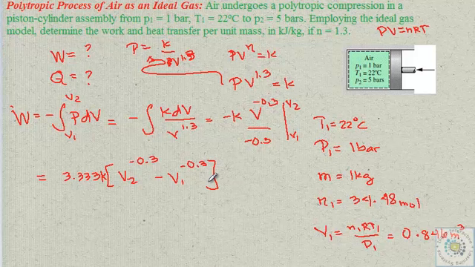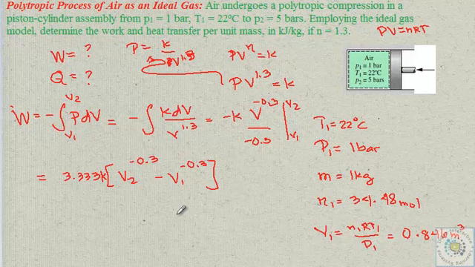Now we know V1, 0.846, but we don't know V2 yet. However, since this is a polytropic process, PV^n is a constant, so we can solve first for K.